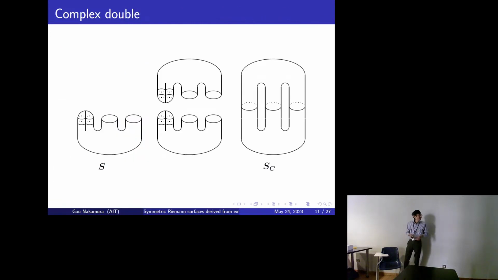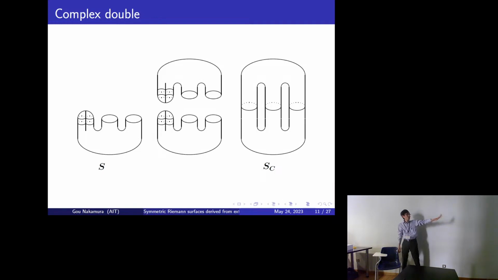So, the next term is complex double. Let me remind you about this term. First, take a non-orientable surface S, the left side. In general, the surface may have a boundary. This picture shows one. The genus of a Klein surface means the number of crosscuts.